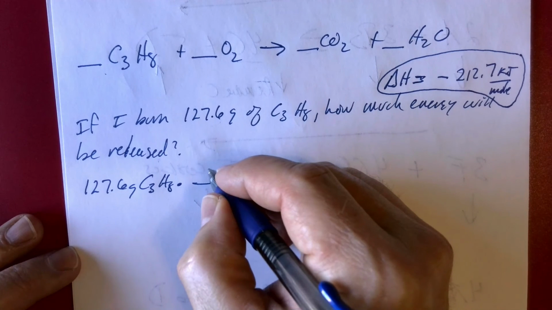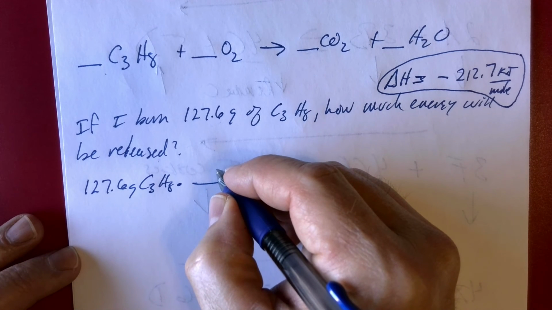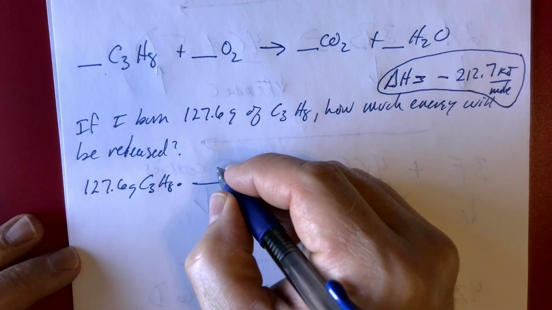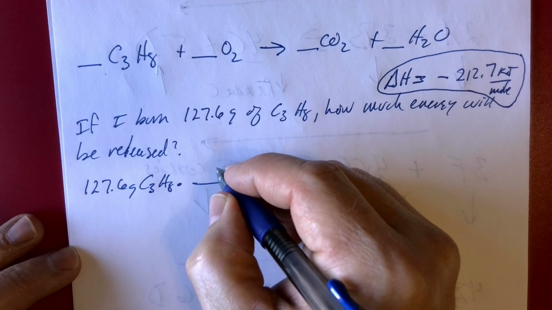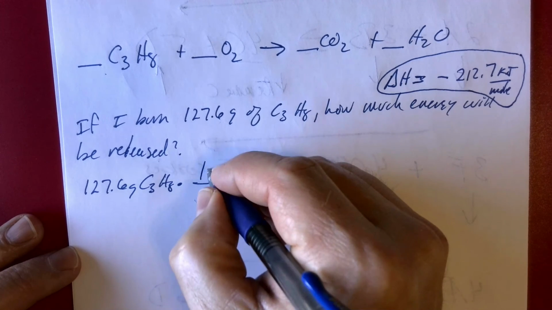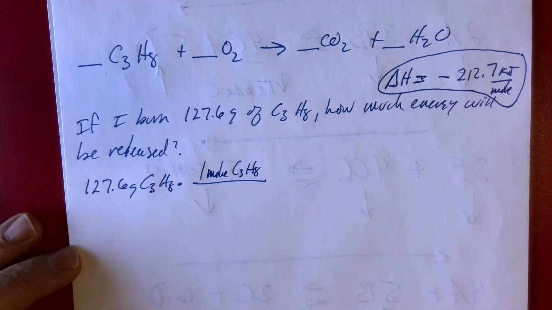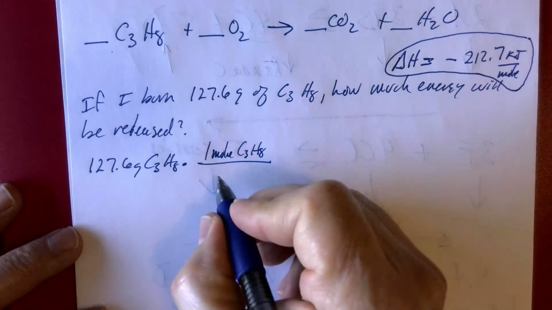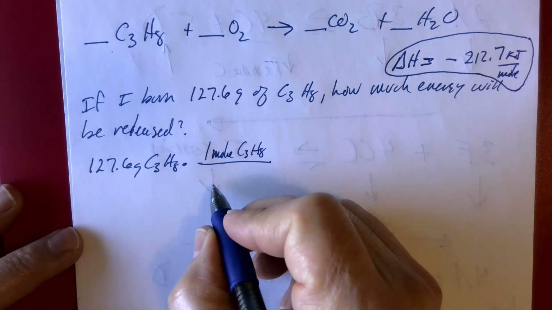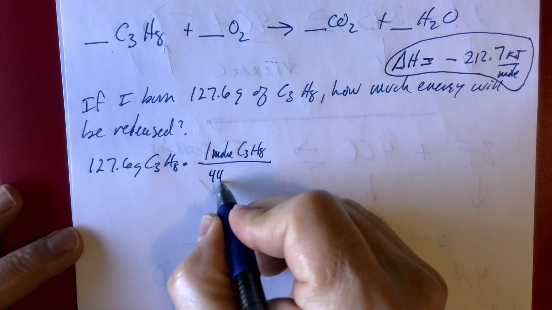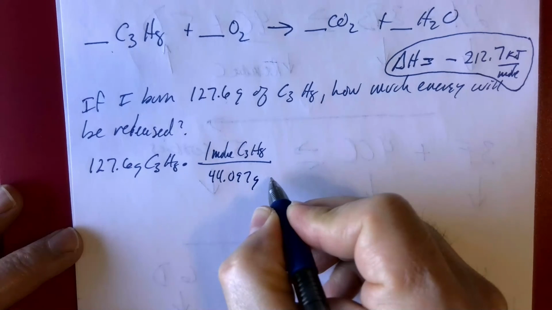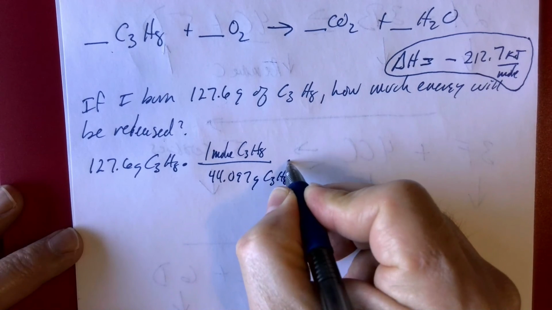The molar mass is in my numerator? No, the molar mass is in my denominator, right? So I'm going to go 1 mole of C3H8 in my numerator. What's going to go in my denominator then? 44.097 grams of C3H8, right? What's going next?